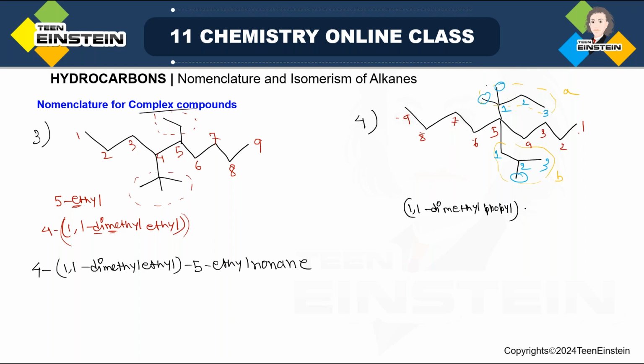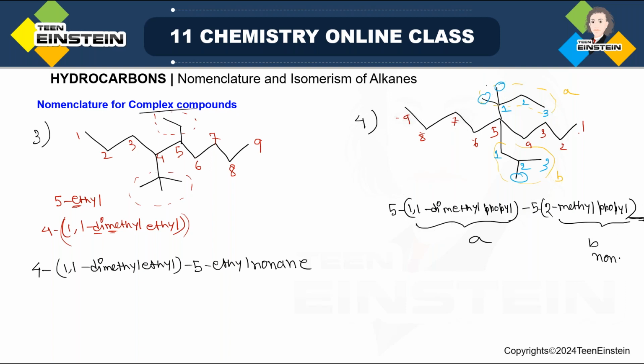So D is getting priority, so it will be at the first position. 2-methyl propyl. Okay, and this is 5. So both are at the 5 position. There is no such problem. So this is for A, and this is for B, and it is not complete yet.